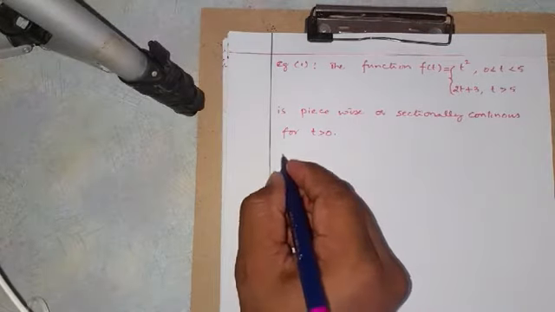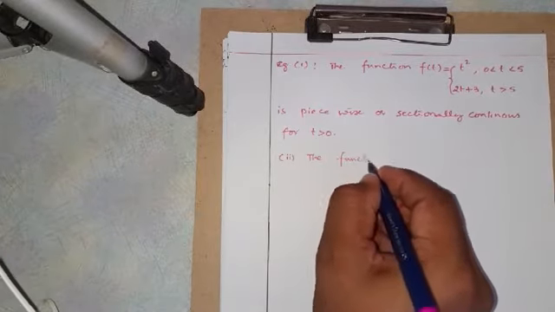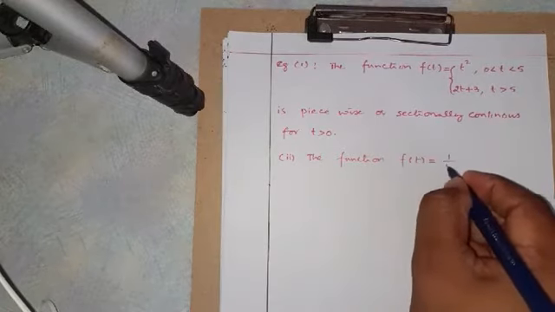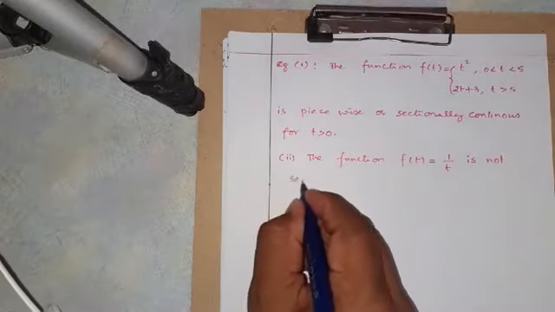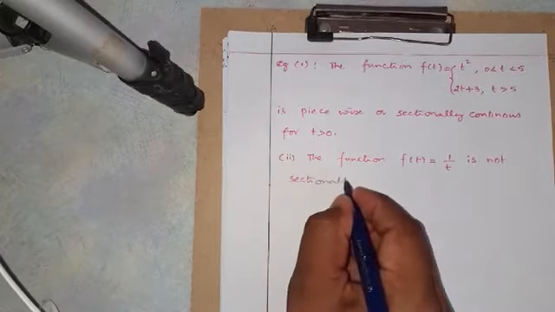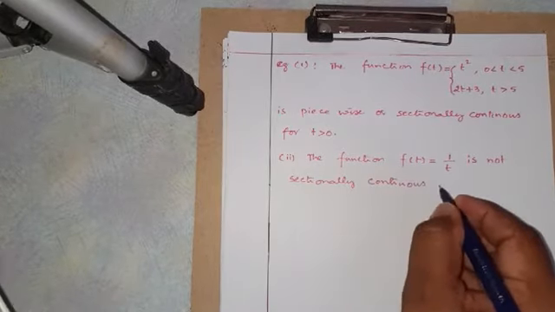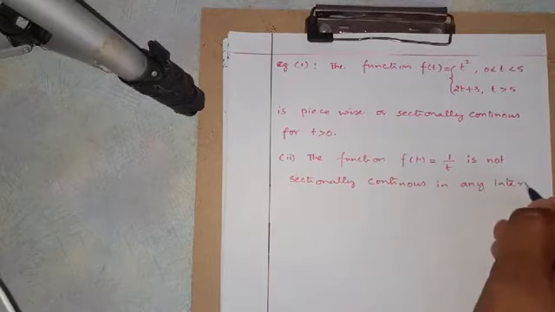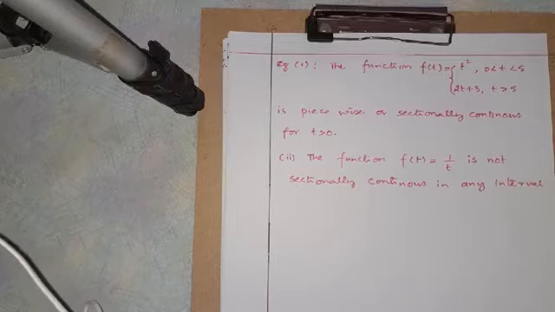Let us have a second example. The function f of t equal to 1 upon t is not sectionally continuous in any interval containing t equal to 0.